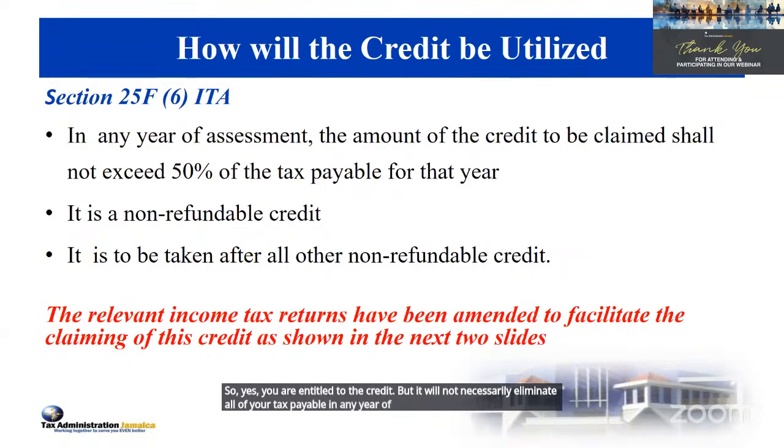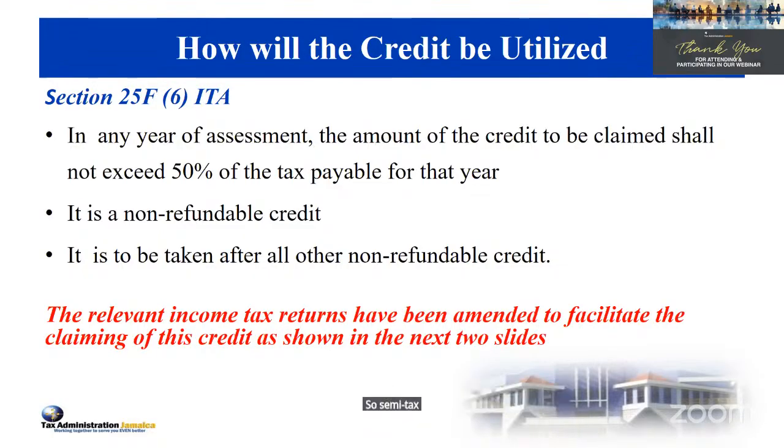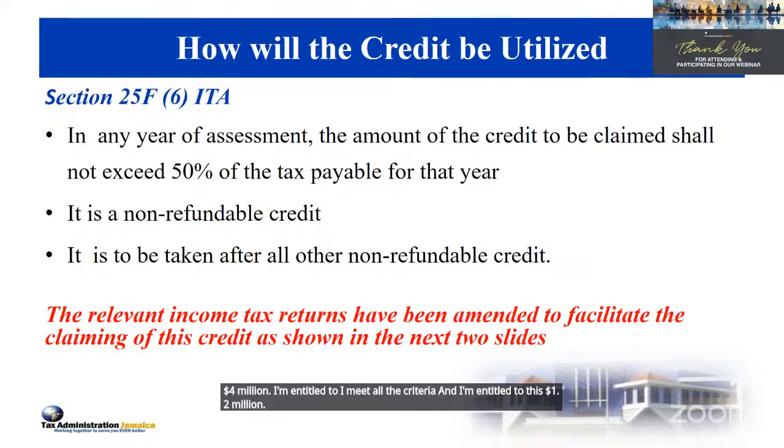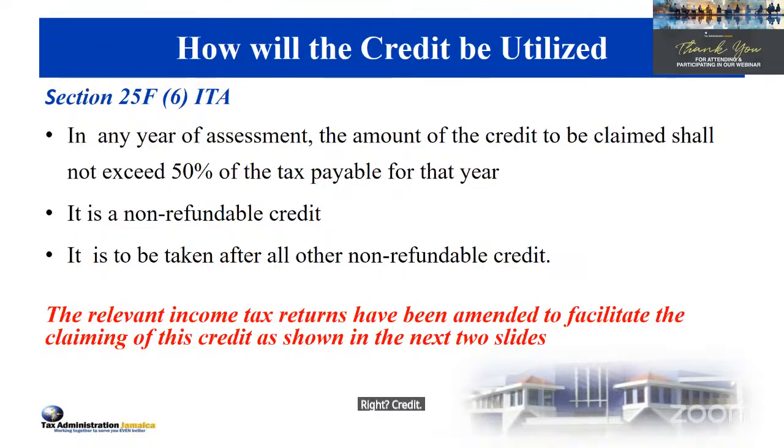And I'm going to give you an example. So say I purchase a system for $4 million. I meet all the criteria, and I'm entitled to this $1.2 million credit. But in 2024, my tax payable is $1 million.